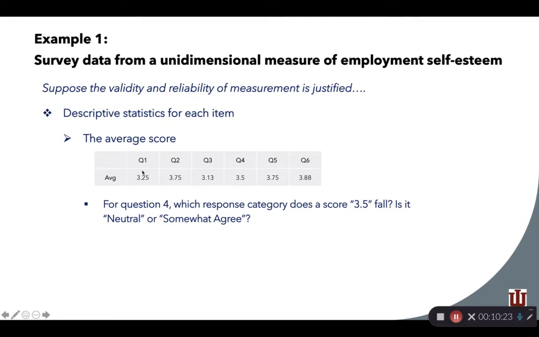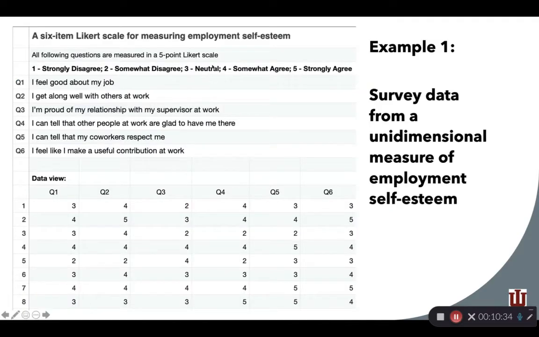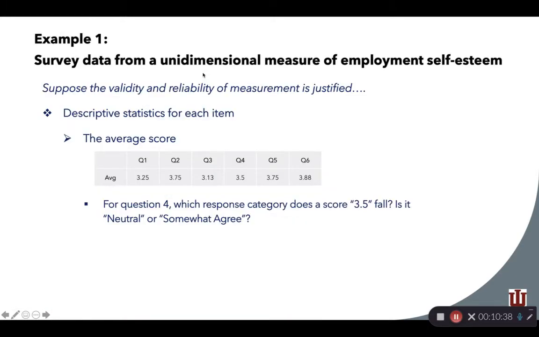Then we will see, for example, for question 3, the average score is 5.13. So back here we say, okay, a score of 5 represents neutral. Then the average score gives you a concept of the sample-wise average score of each question, of each item.